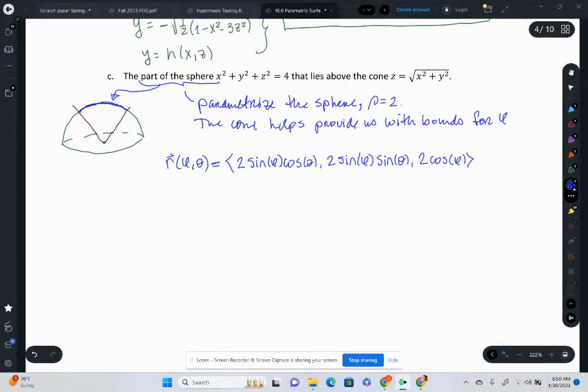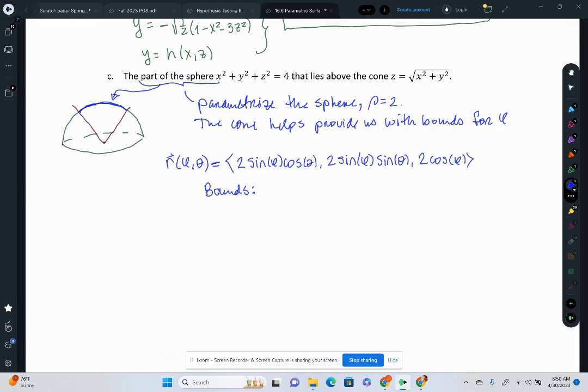So I'm borrowing spherical coordinates, but they're not fully spherical coordinates because rho is fixed at 2. Now, we need to put some bounds on theta and phi because we don't want the full sphere. This vector that I just wrote would parametrize the entire sphere if I didn't write anything else down. So we need bounds in order to only get the part that is above the cone.